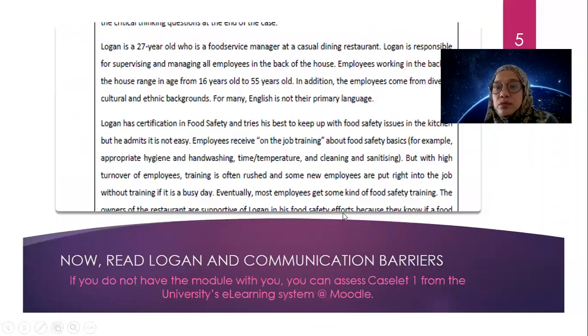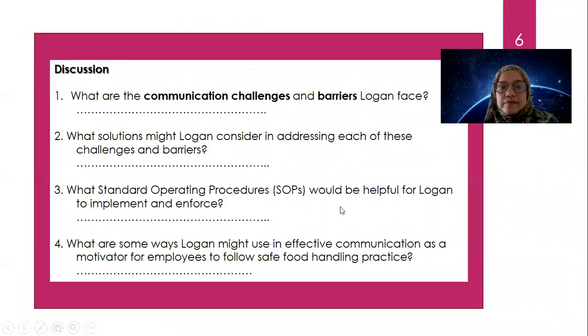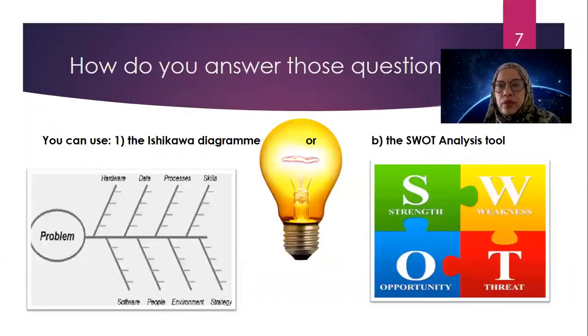and you can also reread the passage, right? So what should you do next? You know that you are to identify the communication challenges and barriers from the text, okay? So what do you do with the data, the input?